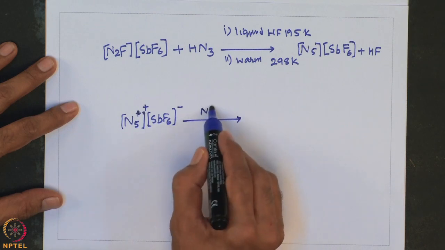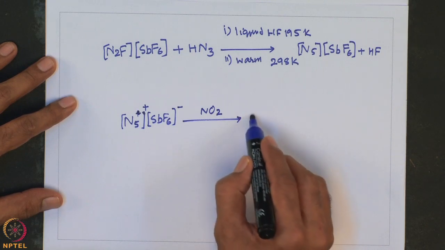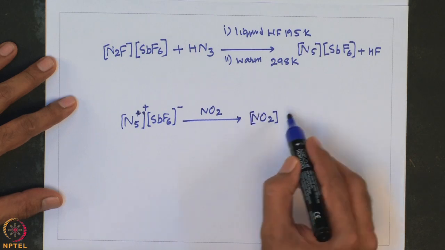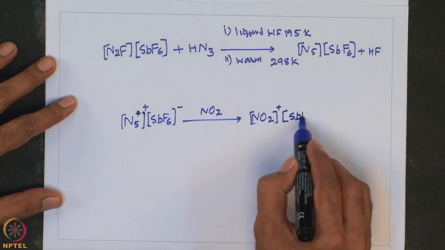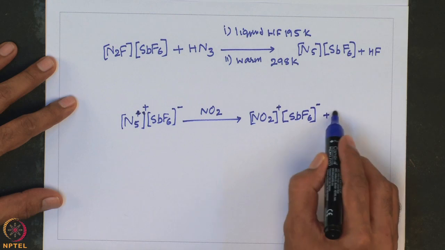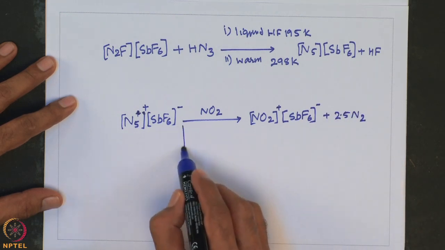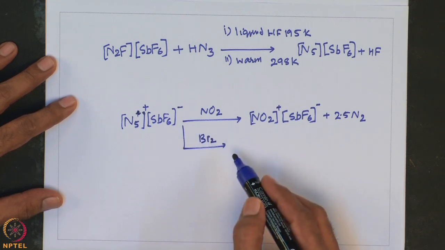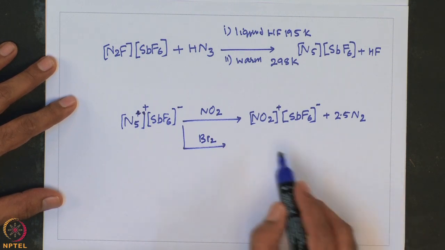If you treat this one with NO2, it gives nitrogen. When it is treated with bromine, the same reaction is repeated here. It forms 2.5 equivalents of nitrogen.